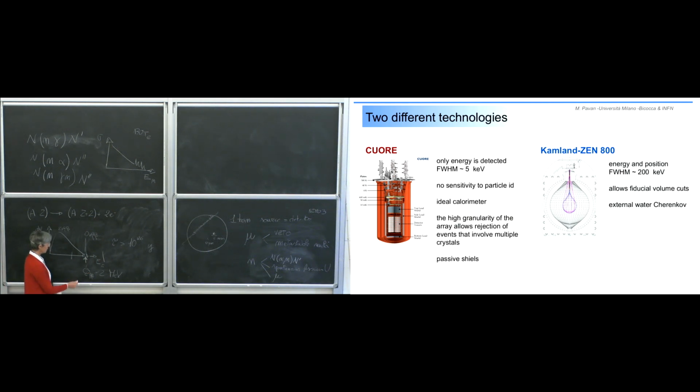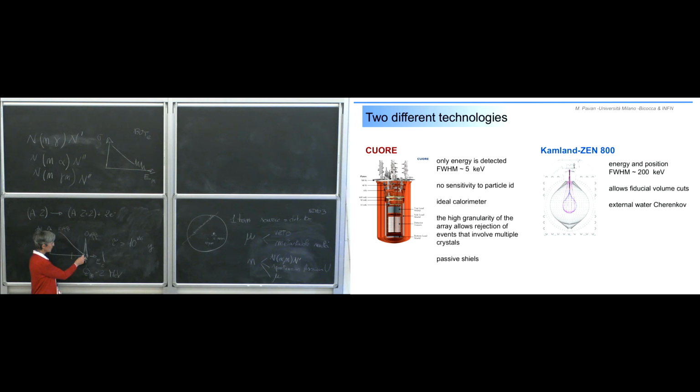Okay, so if I have to claim that I've seen a double beta decay, I have to convince the community that my events are not due to some kind of radioactivity, maybe a very rare decay that has not yet been observed.